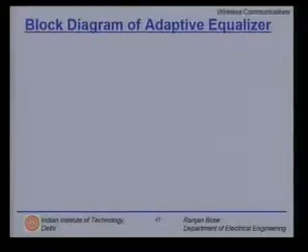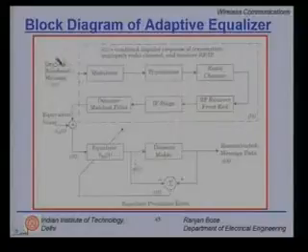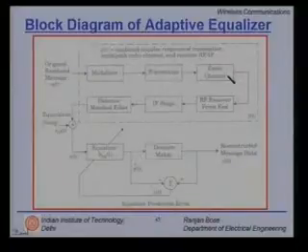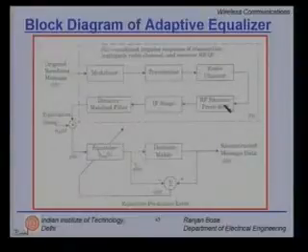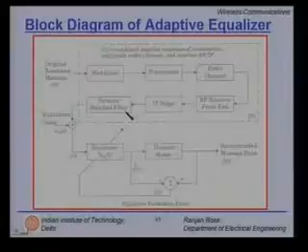Now, what is the block diagram for a generic adaptive equalizer? We saw last time that the original baseband signal x(t) goes through a modulator, then through a transmitter, finally through the radio channel, wherein there is distortion, noise and also fading effects, which is received back at the RF receiver front end, down converted to IF stage, followed by the detector matched filter.